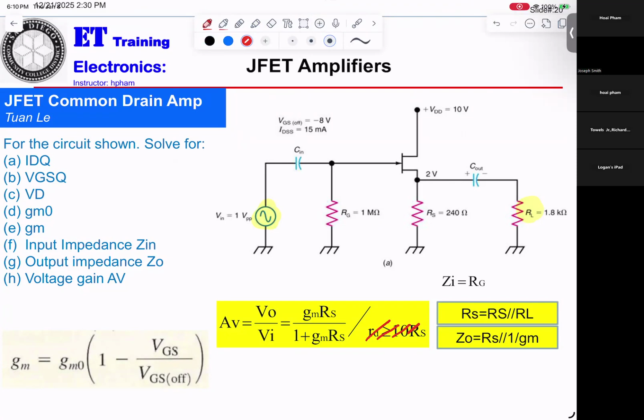If you want the gain, it will be GM times RF divided by 1 plus GM times RF.